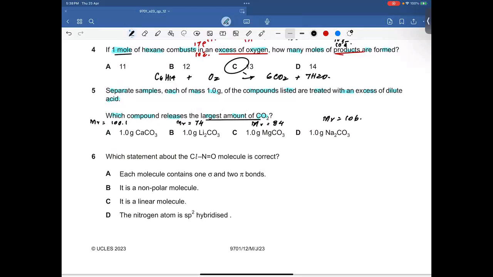So what we can do is, the mass of sample, which is 1 gram, which is given in the question, guys, divided by the MR, which is 100.1, you will get the moles of calcium carbonate. And since the molar ratio between calcium carbonate and carbon dioxide is the same, obviously you will get the same number of moles. So into 24 dm3.